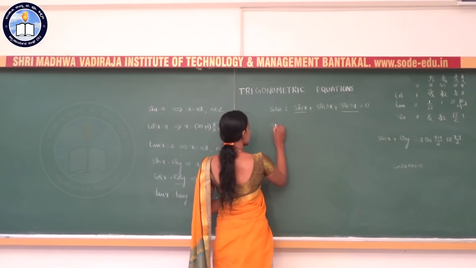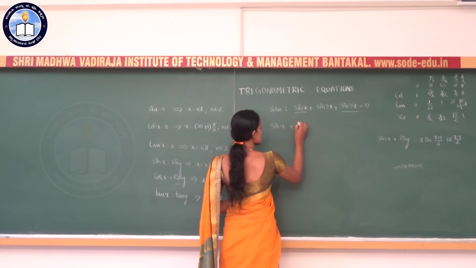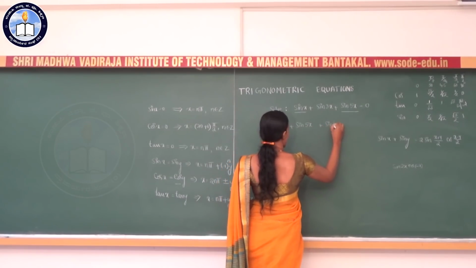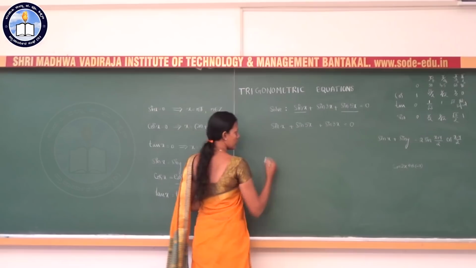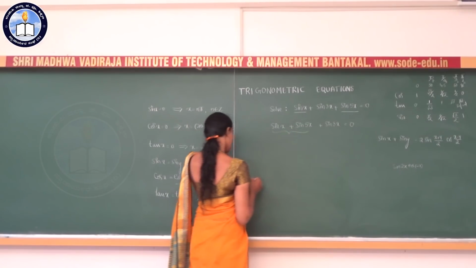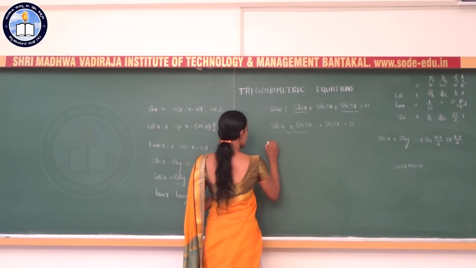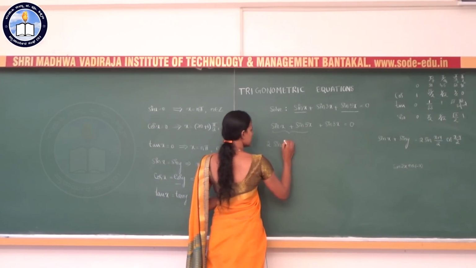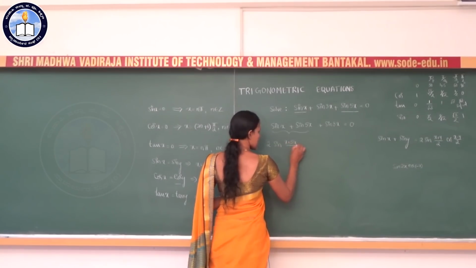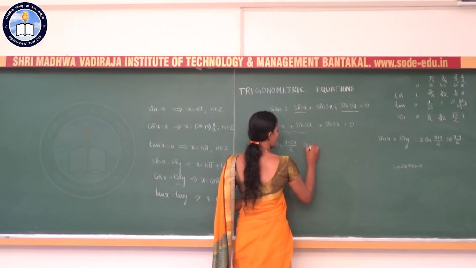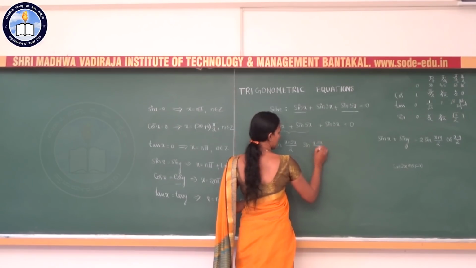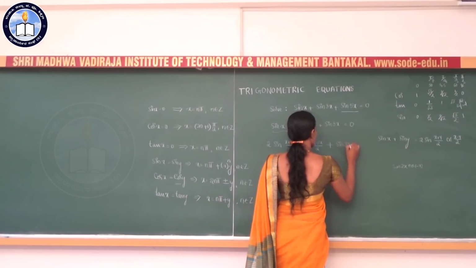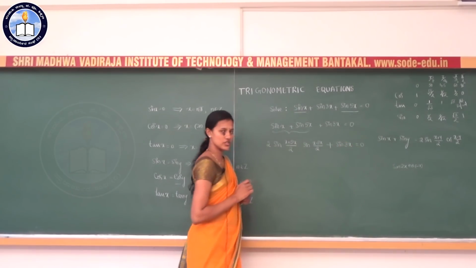So let me rewrite the equation as sin x plus sin 5x plus sin 3x is equal to 0. And to the first two terms, let us use the formula which says 2 sin of x plus 5x by 2 into sin of x minus 5x by 2 plus sin of 3x is equal to 0.